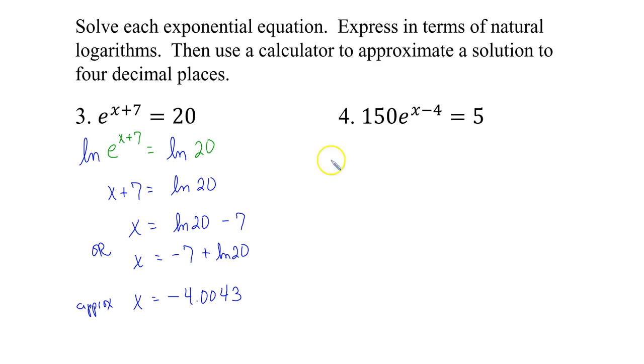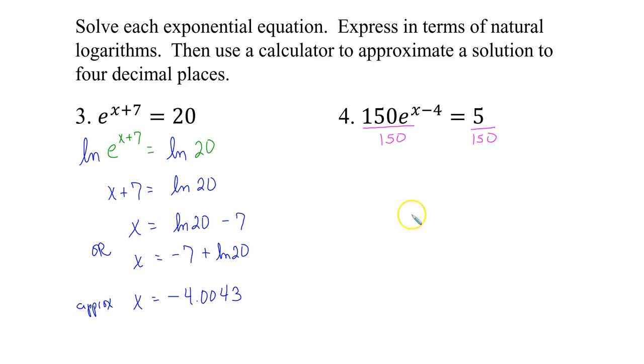Okay. Number 4 is a little bit different in that I have this number that's in front of or multiplied times my e to the power. So the first thing I have to do is to divide both sides by 150. So before I can solve anything else, we have to divide both sides by 150.